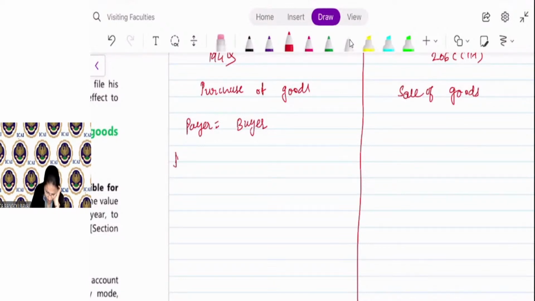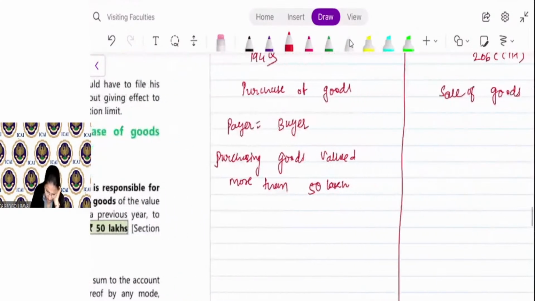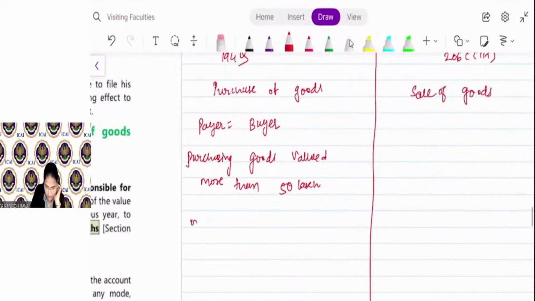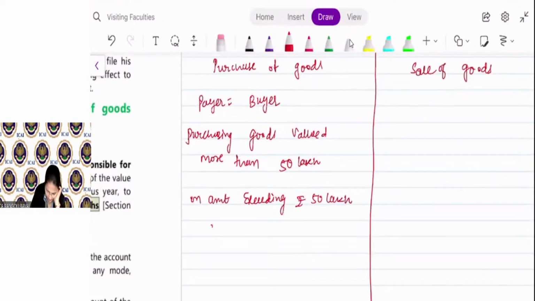So if you are purchasing goods valued more than 50 lakh, then on amount exceeding rupees 50 lakh, you are required to deduct TDS at the rate of 0.1%.